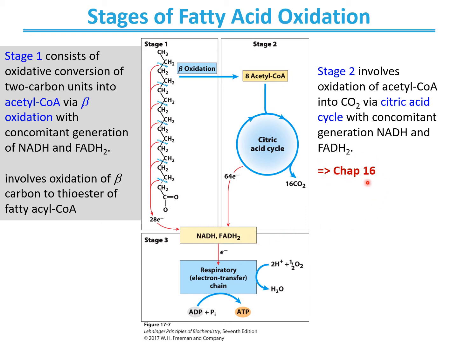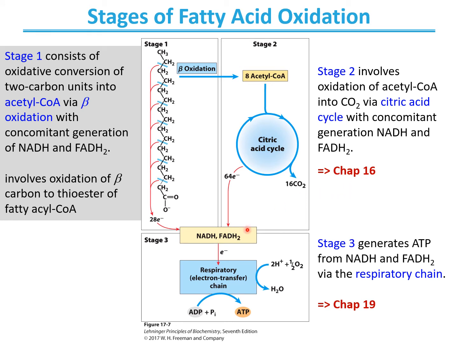But this was covered in chapter 16 already, so go back to it when you looked at the fate of glucose. And finally, stage 3 will generate ATP from NADH and FADH2 via the respiratory chain in the mitochondria.